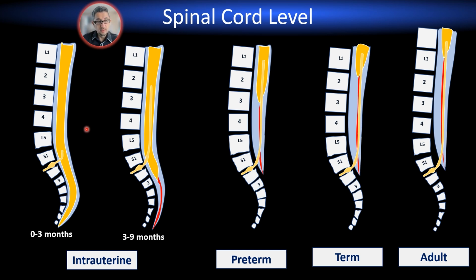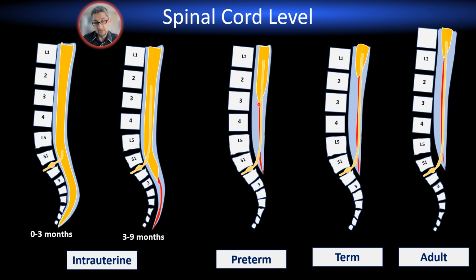Early in fetal life, the level of the vertebra and the spinal cord is equal. Because the bone grows faster than the spinal cord, a discrepancy occurs later in gestational life. In the preterm infant, the level of conus can be as low as mid L3.